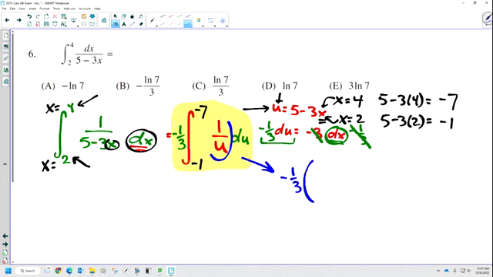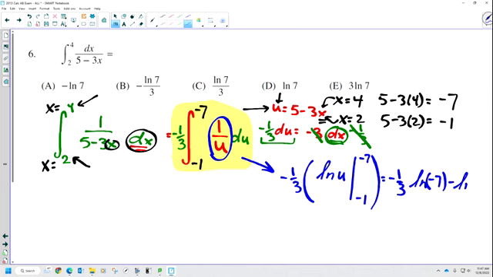The integration of 1 over u is the ln of u, but I want that. I have negative 7 to negative 1. All right? Which means I have negative 1/3 times the ln of negative 7 minus the ln of negative 1.